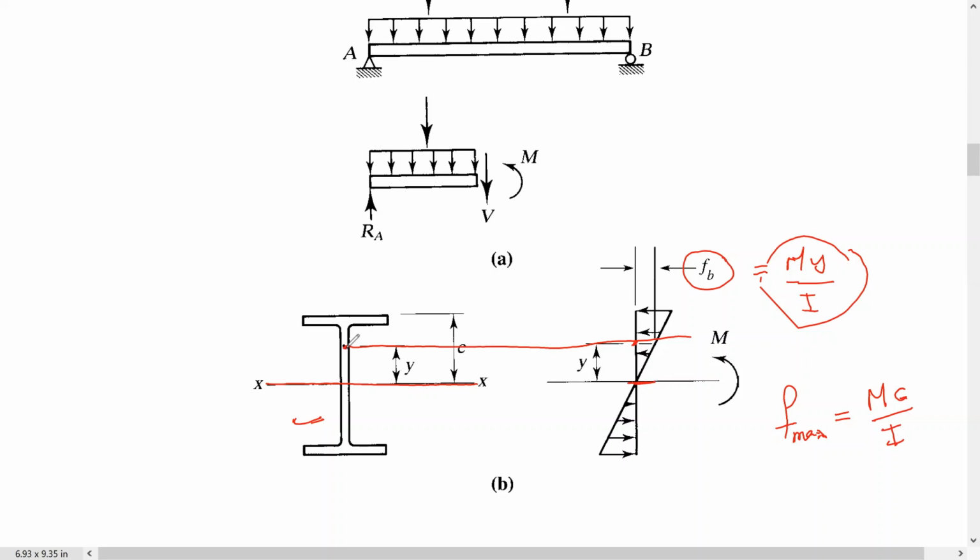There is a moment here, and the maximum value is going to be here, greater than here or wherever, and it will be the same on the other side if we have a symmetrical shape.